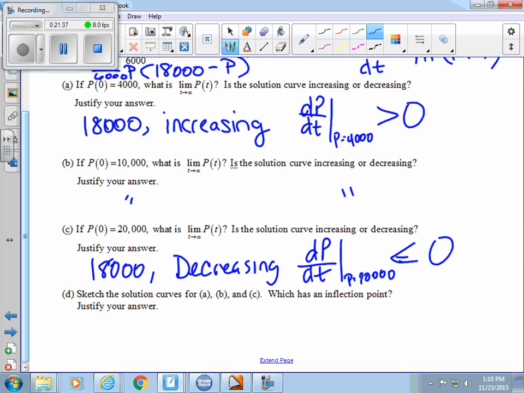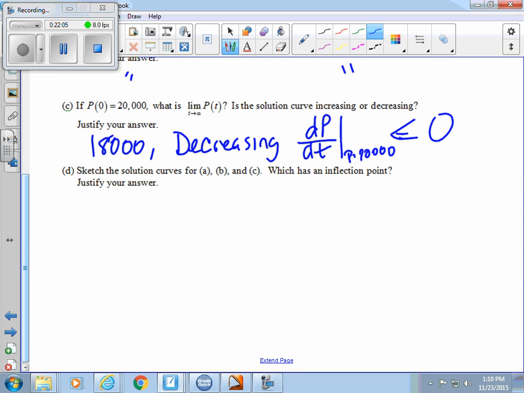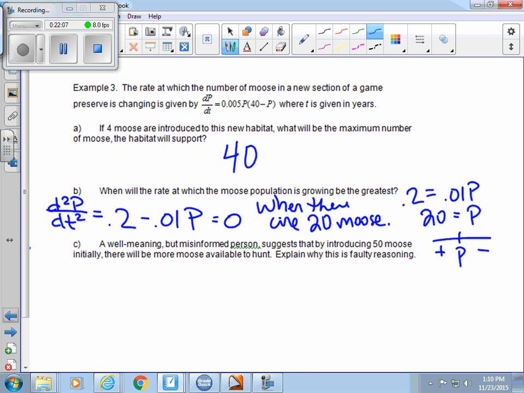Sketch the solution curves for parts A, B, and C. Which has an inflection point? Aren't A and B going to be about the same? Oh, yes, because it's already past the point. You're right. Now we're going to use this.